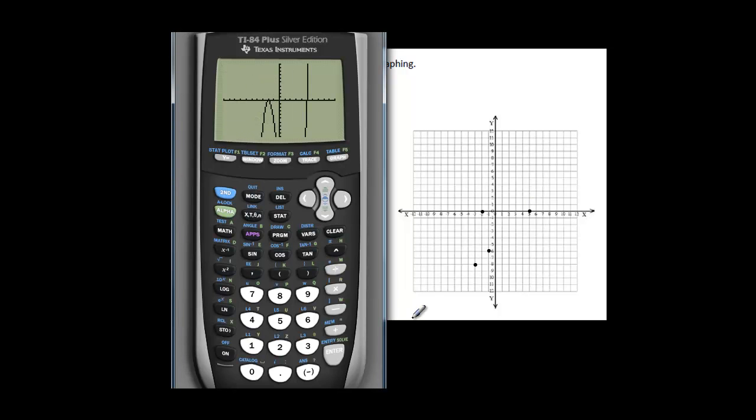Let's take a look at our graph again. So it's going to go through this point, bounce off of negative 2, come down, go through this point, and then we're going to have a dotted line here, and it's going to come up through this point all the way up. So let's try to draw that.